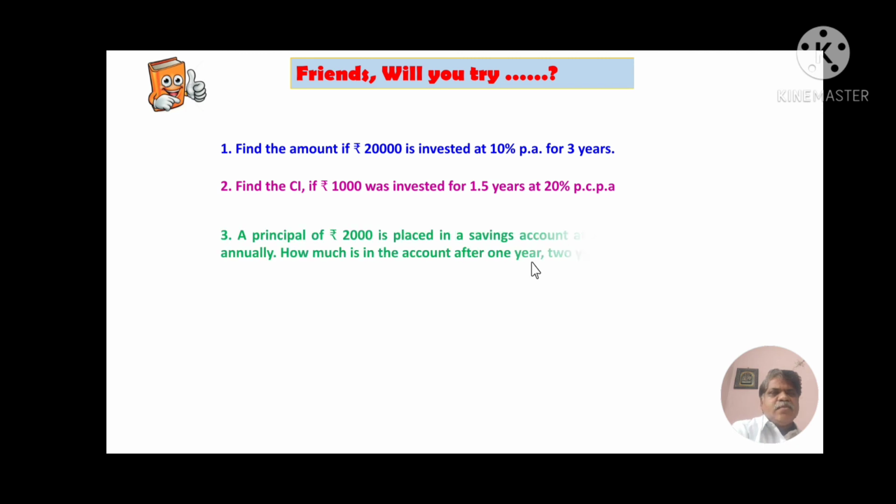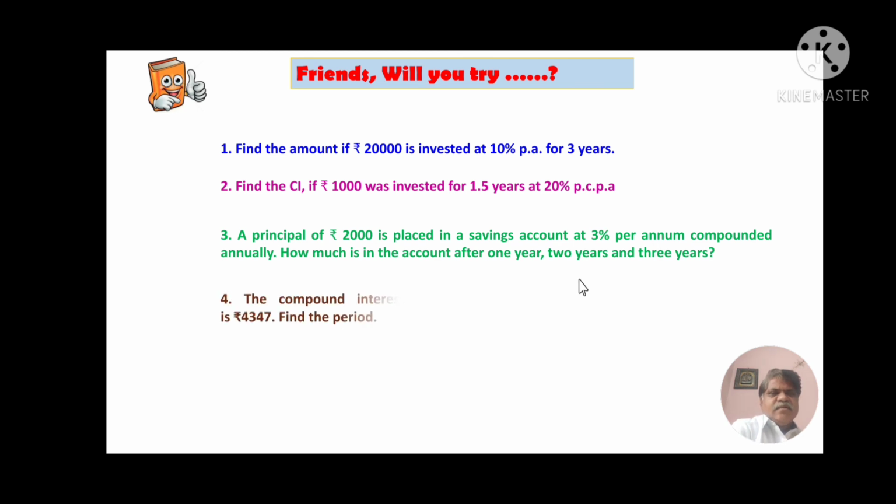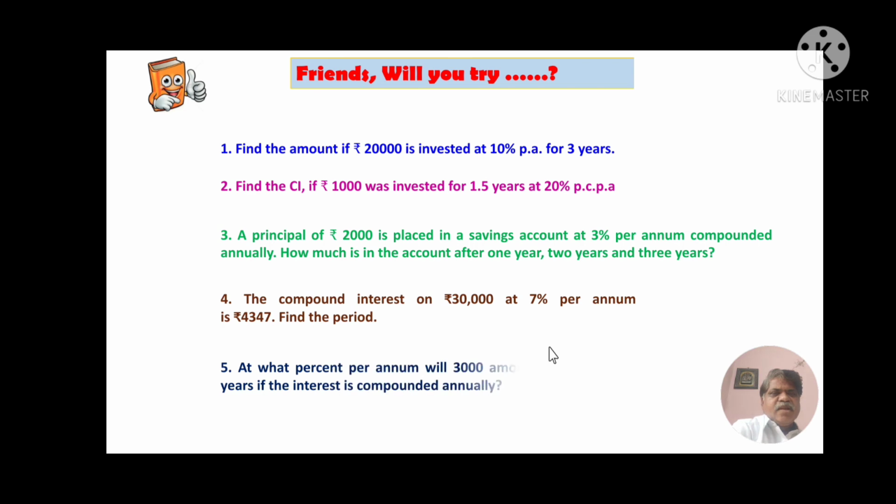A principal of rupees 2,000 is placed in a savings account at 3% per annum compounded annually. How much is in the account after 1 year, 2 years and 3 years? The compound interest on rupees 30,000 at 7% per annum is rupees 4347. Find the period. At what percent per annum will 3,000 amount to 3993 in 3 years if the interest is compounded annually?